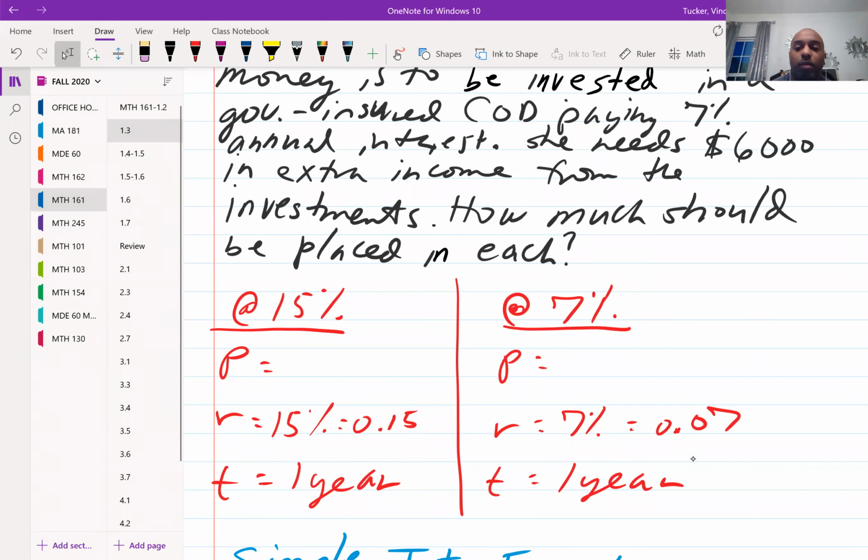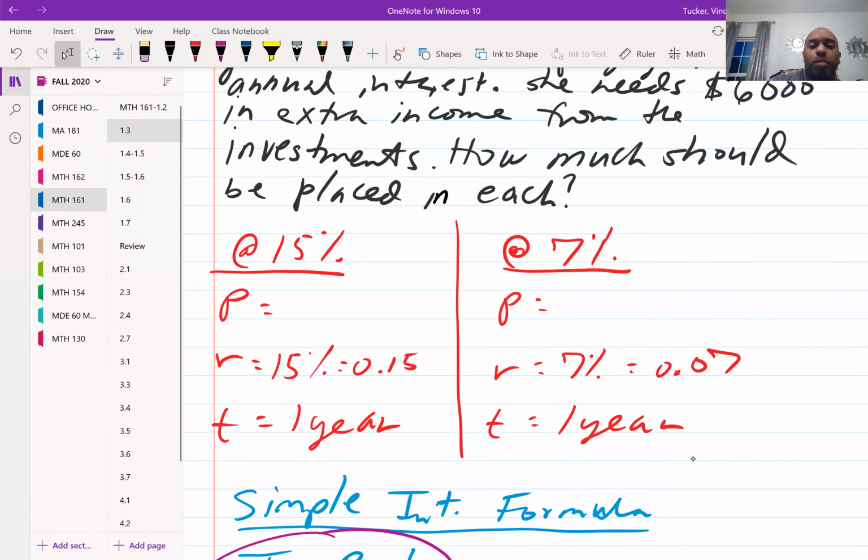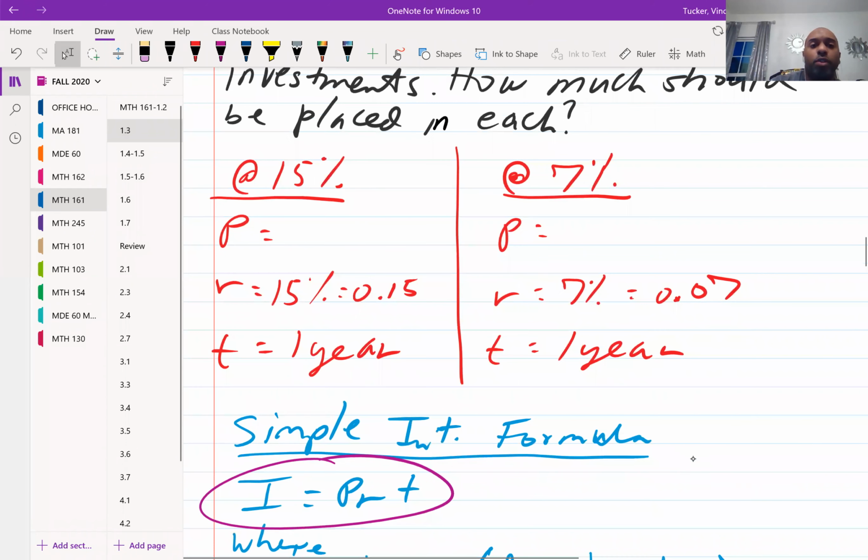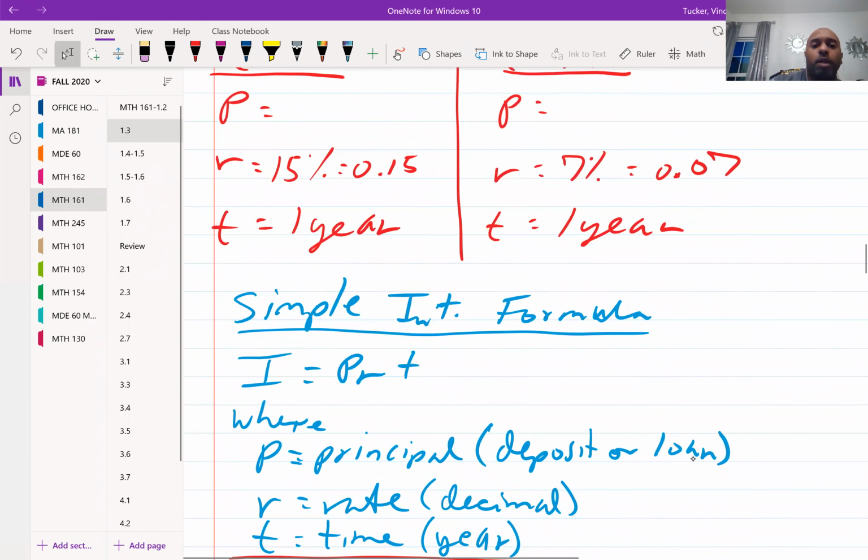And then in the 7% account, once again, we don't know how much we're going to deposit. That's our P, our principal. Our rate, 7%, converted to a decimal is 0.07. And then the time is 1 year. So why we're looking at PRT, that's because of the simple interest formula, and we'll come back to that in a second.